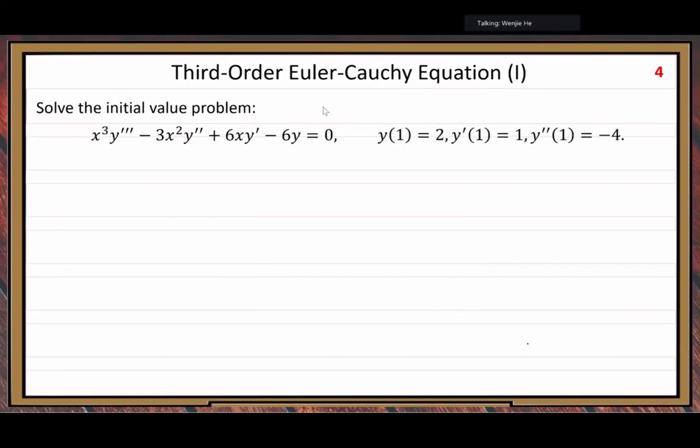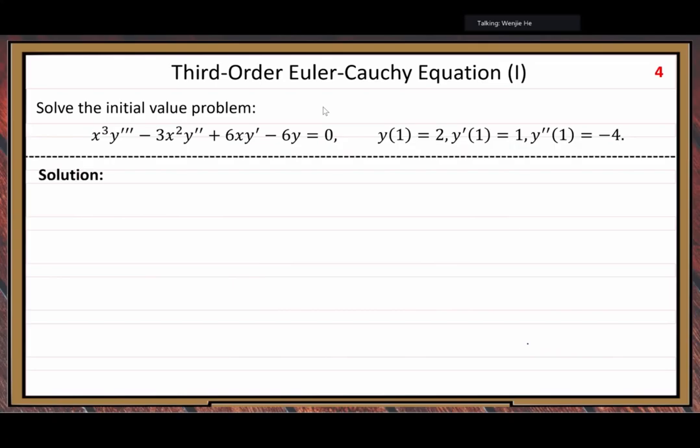Same idea. For the solution, we take the special power function form, y equals x to the m, where m is an undetermined parameter, not necessarily an integer.